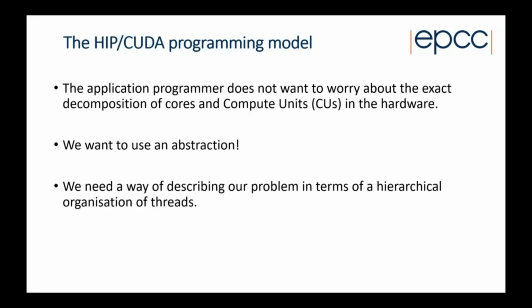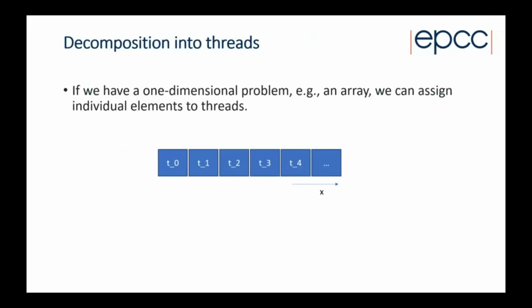You decide how to do the latency hiding, how to get the performance out of the hardware, and how to utilize it effectively. We need a way of describing this in terms of a hierarchy of different threads and how to control these different threads, so we can dictate what can be done simultaneously and what has dependencies. And that's what this programming model allows us to do.